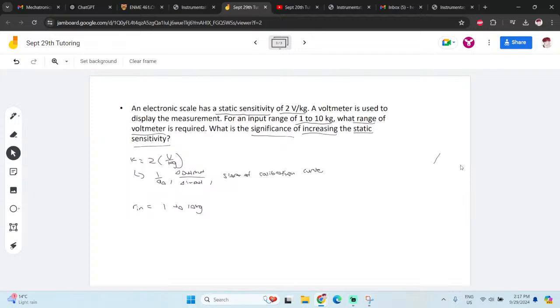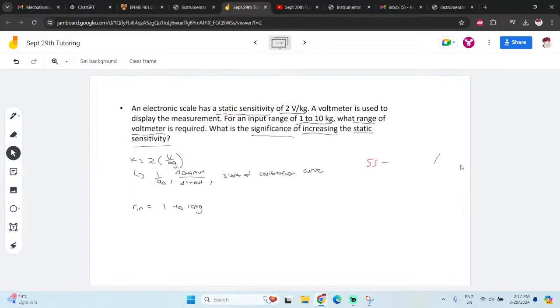For this one, I'm a bit confused as to what I should be using. Basically, it's mostly theoretical. Static sensitivity is equal to the output over input, right? So it means the value is 2, right?